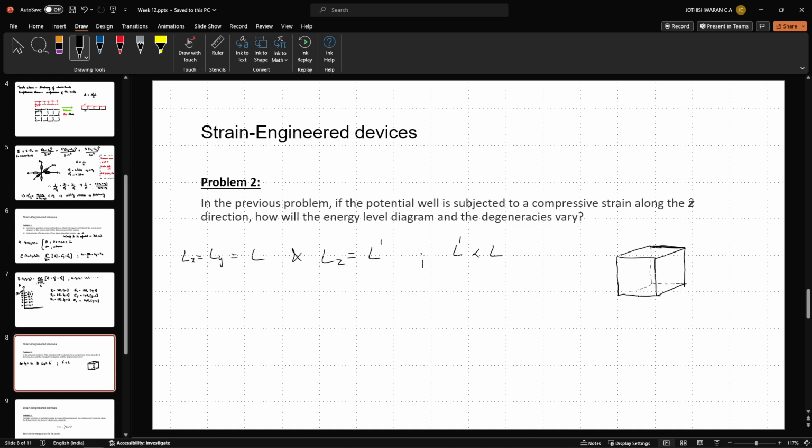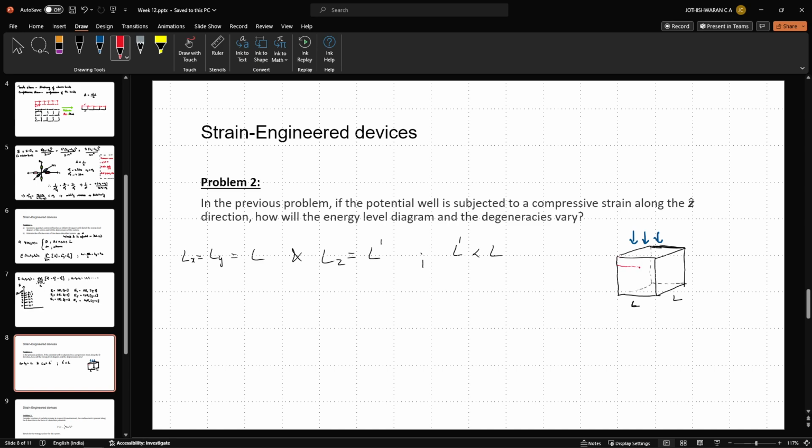So now what has happened is we have Lx, or rather, since I already said that, I will say L, and now in the z direction there has been a compression. So let me say there has been some kind of a compressive strain in this direction. Because of that, this thing has kind of moved down.